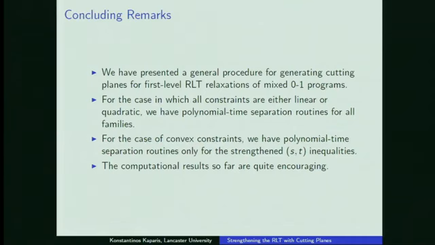We have polynomial time only for the strengthened ST inequalities. I highlight that this is a special case because in the case of ST inequalities, we multiply two bound constraints with one constraint in our linear system. If we multiply two constraints of the form alpha transpose x minus beta, then this result doesn't hold anymore.